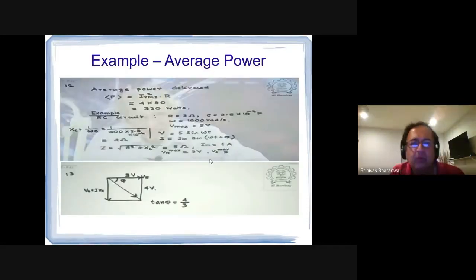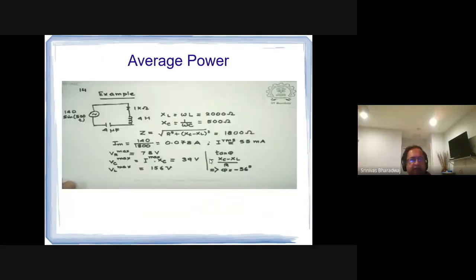Now when you look at the power, as we said, we already looked at it in the context of power delivered, I square R, and that gives you the average power. So this is how you solve all these problems. You use pretty much Ohm's law and Kirchhoff's law.